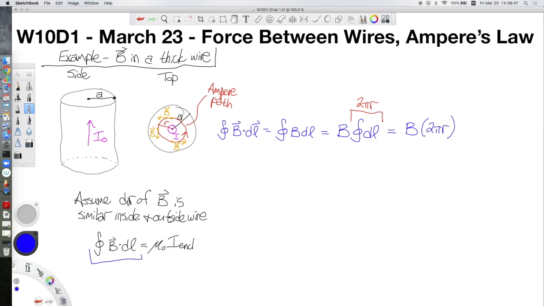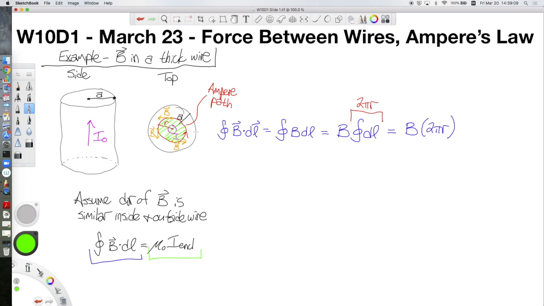Well, now we need to evaluate the other side of this equation. And our enclosed current here is not just I naught, because we're only looking at the current that is flowing within our loop. All of the current passing through this outer section of the wire should not be included.